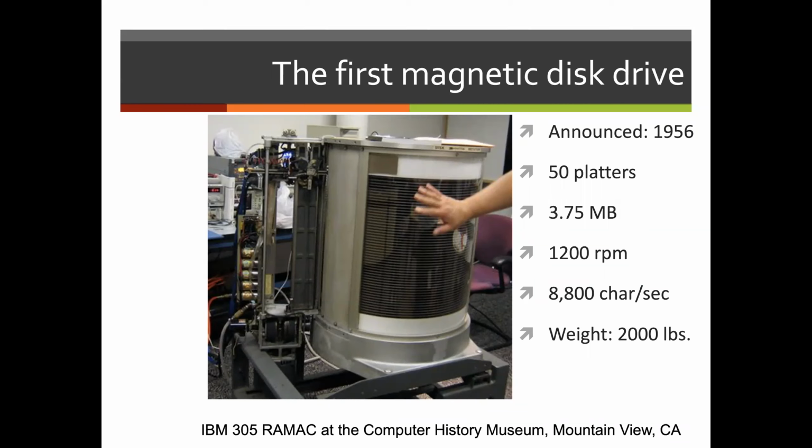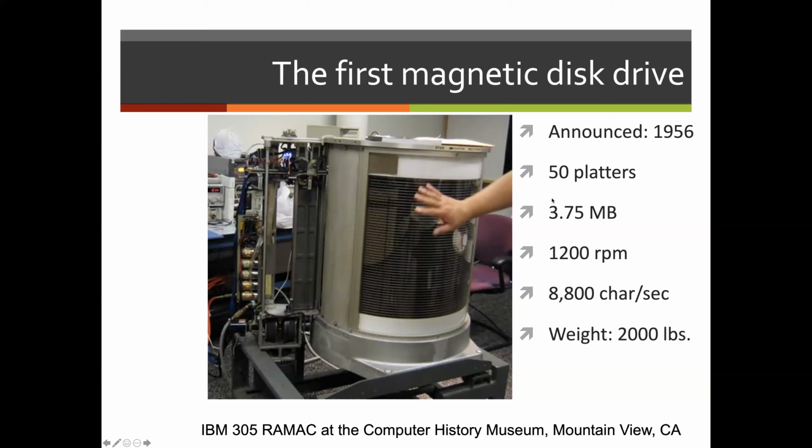And a little bit of history, we have the first magnetic disk drive that was unveiled. This was announced in 1956.